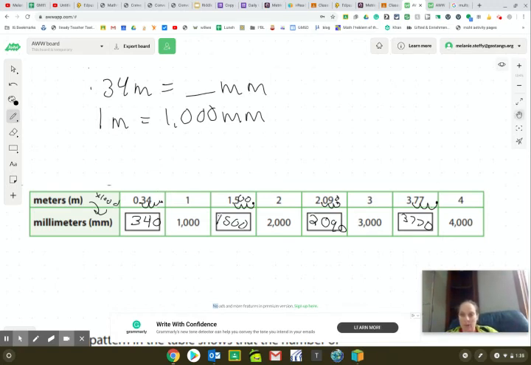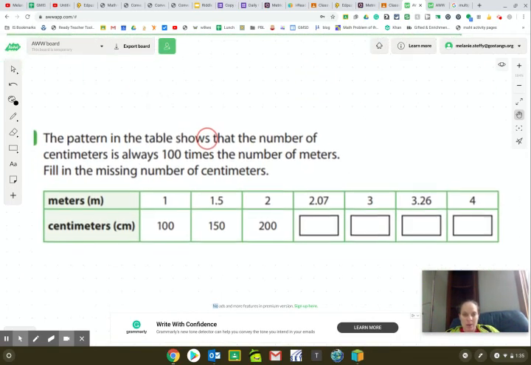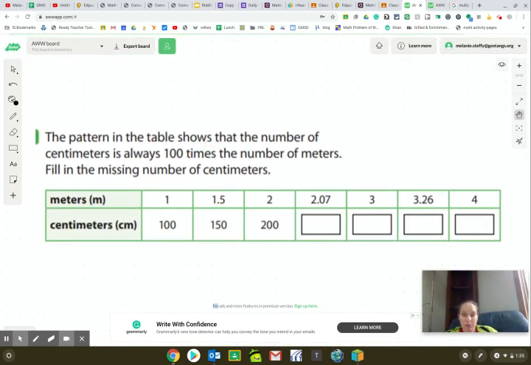All right, let's look at one more example here. So this pattern in the table shows that the number of centimeters is always 100 times the number of meters. Fill in the missing numbers. So once again, we know that in order to find the number of centimeters there are in meters, we just multiply by 100. So each one of these, in order to figure it out, we need to multiply by 100.